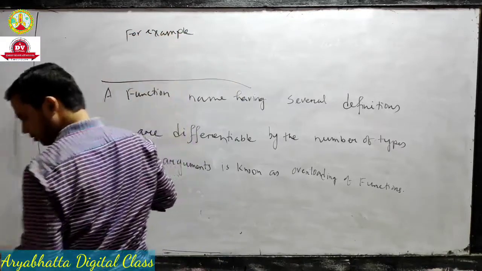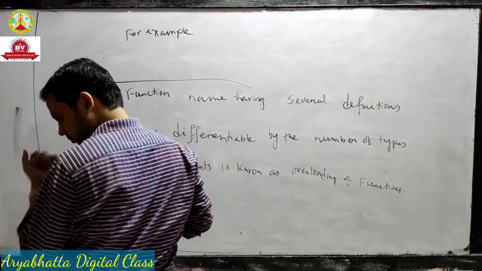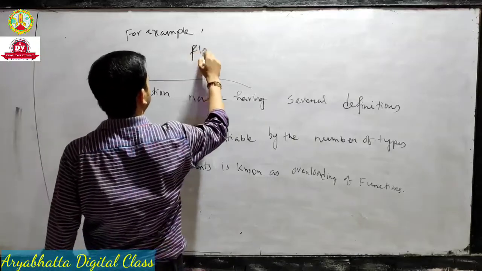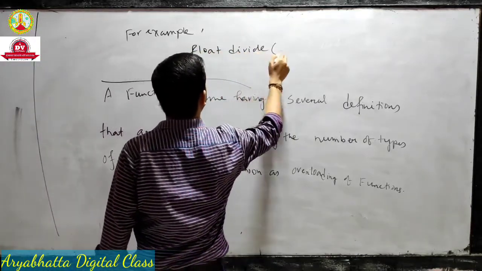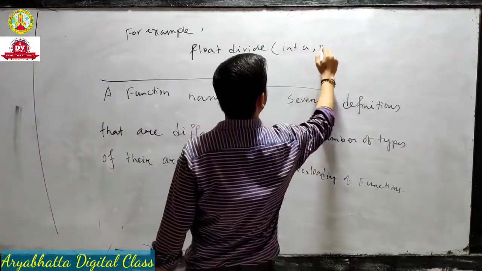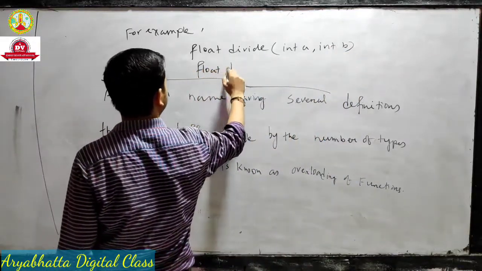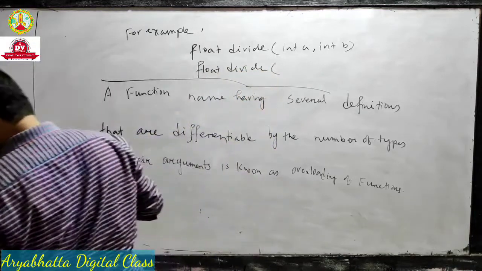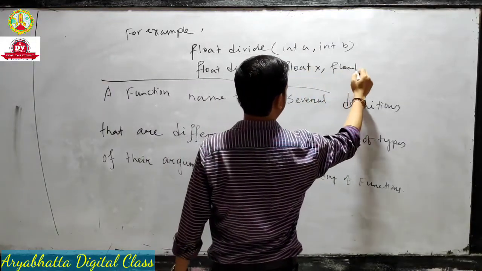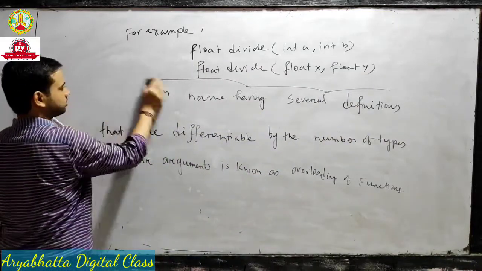For example, float divide(int a, int b), and next is float divide(float x, float y). Okay, I erase this part.